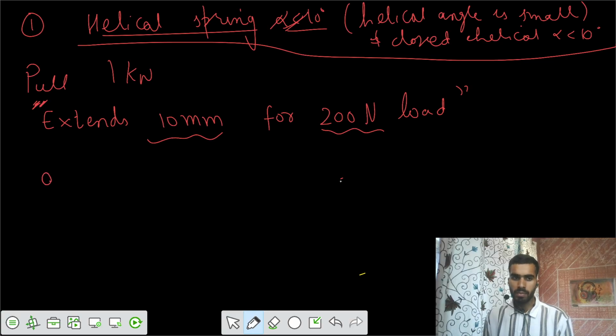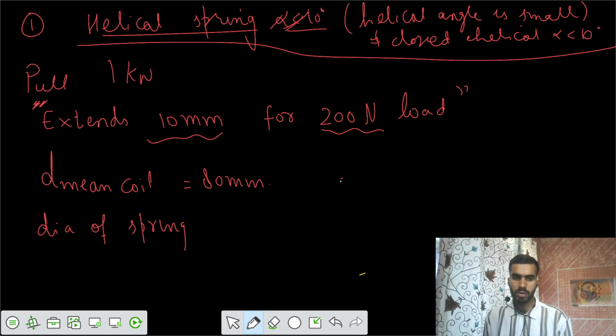The mean diameter of the coil is 80 millimeter, and you need to get the diameter of the spring wire. This is your D mean, capital D mean, and this is the small d.